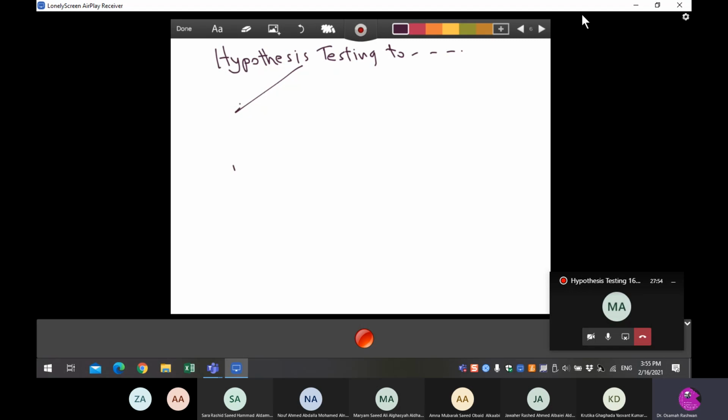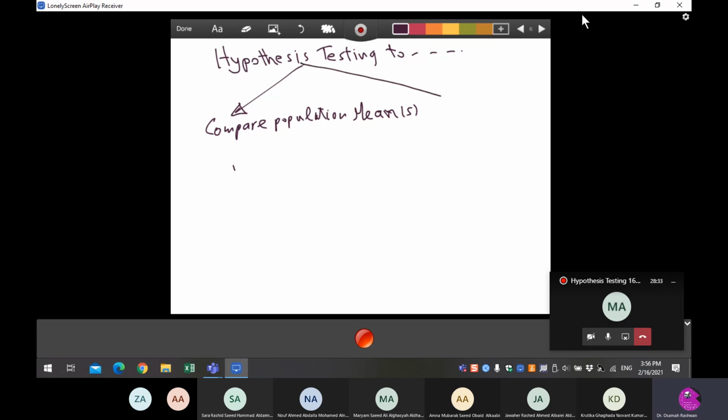The first one, we will start with hypothesis testing to compare the population mean, if you like. If we have population mean or means, we go for this one. And what else?